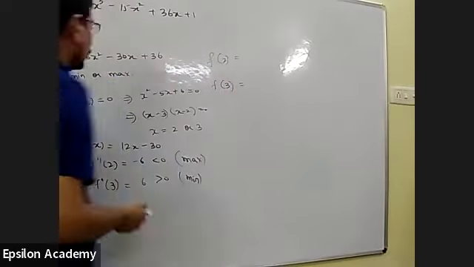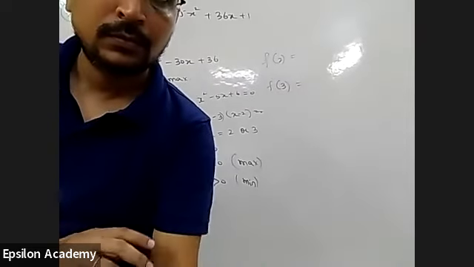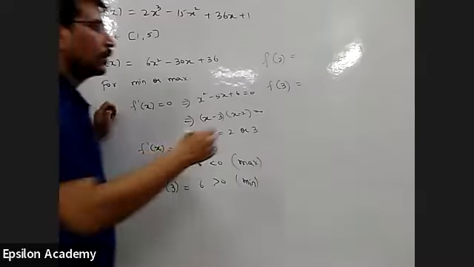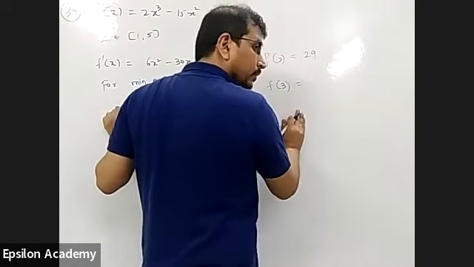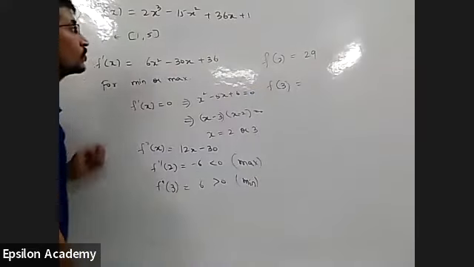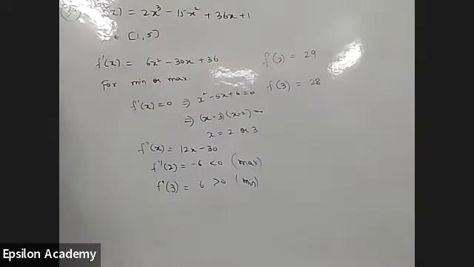Find them out and tell me. f of 2 is 29. f of 3 is 28. So the minimum value should be 28 and the maximum value should be 29. Correct? But check the answer options.